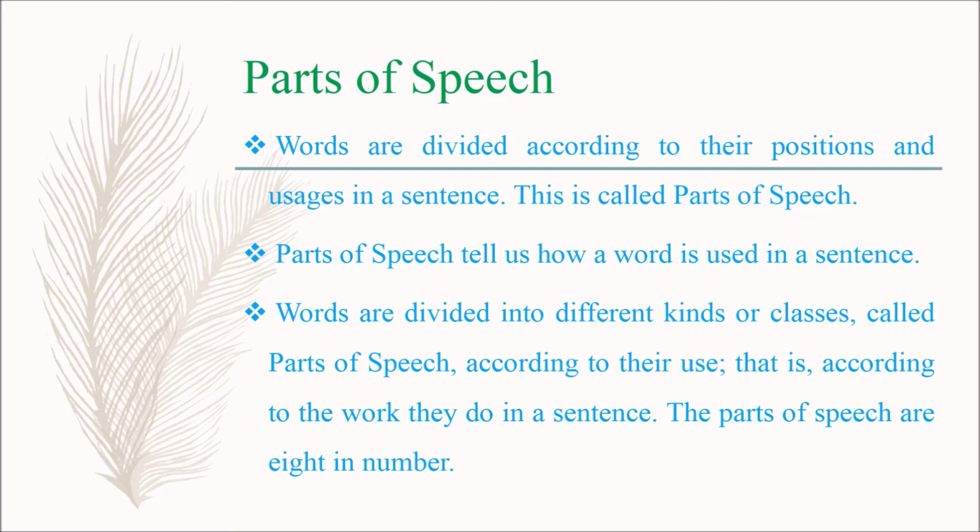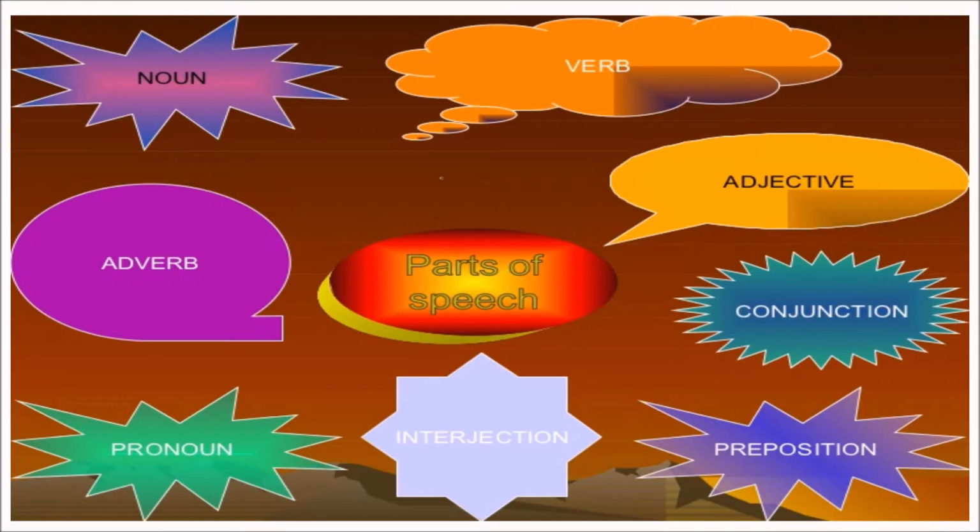The parts of speech are 8 in number. So, there are 8 parts of speech in the English language: noun, verb, adjective, conjunction, preposition, interjection, pronoun, and adverb.